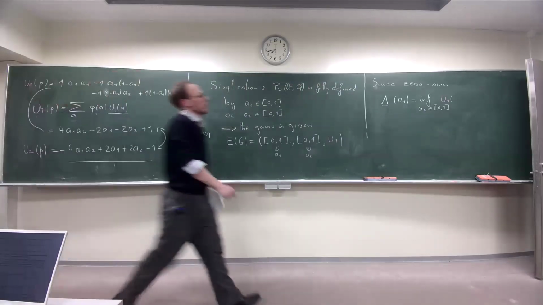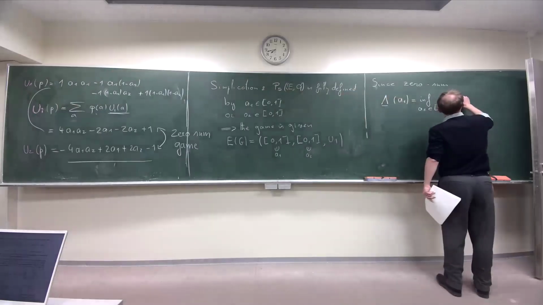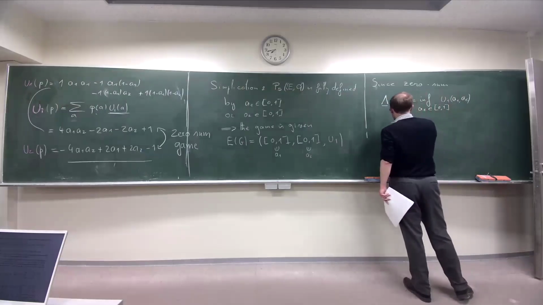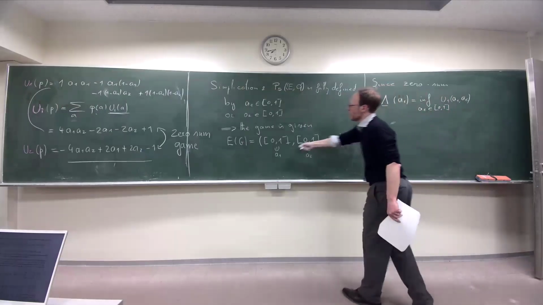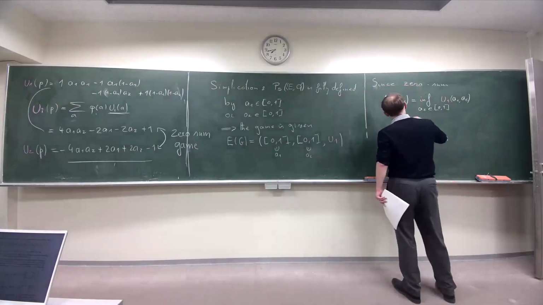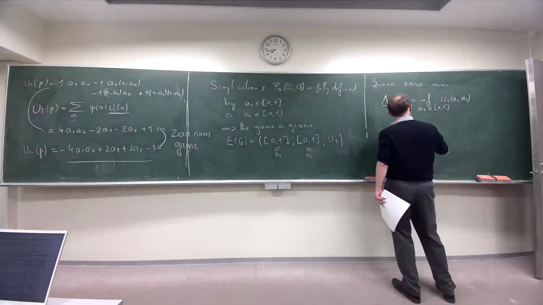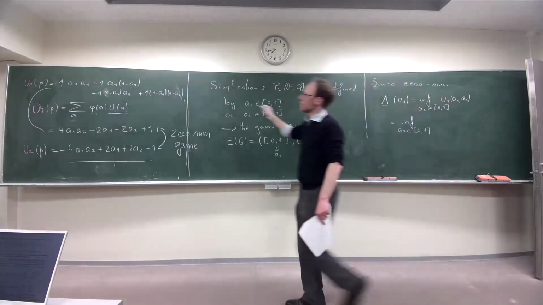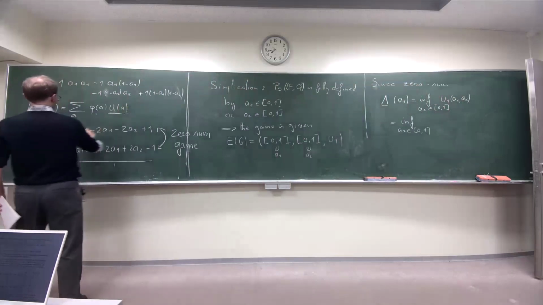So I can write U1 of A1, A2. It's a small abuse of notation, but I think it's understandable. So it's the infimum over A2 belonging to [0, 1] of this number.